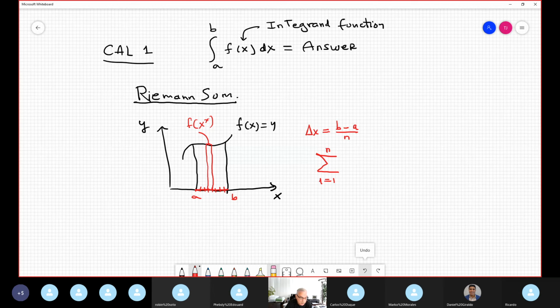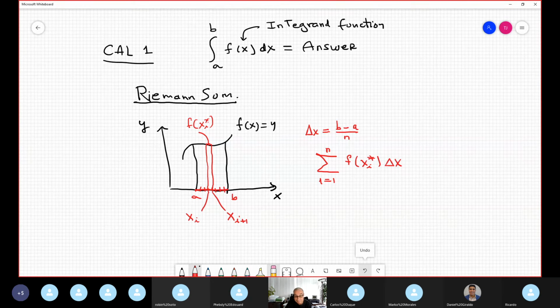And the multiplication f of x star i, because I take, for example, this guy x i, and this is x i plus 1. I take in the middle one arbitrary, I call x i star, much better. Multiplication by delta x.